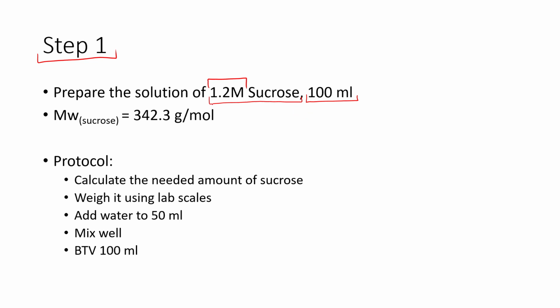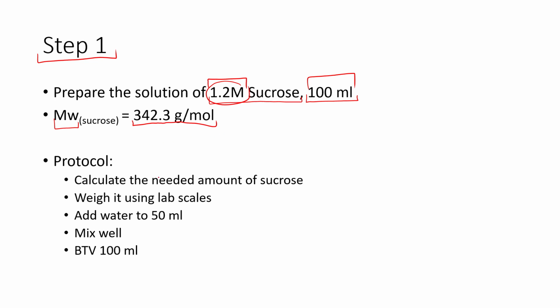Since you know all the formulas, and because we give the molarity, you need the molecular weight of the sucrose, which is 342.3 grams per mole. So now we know the volume, the concentration, and the molecular weight.